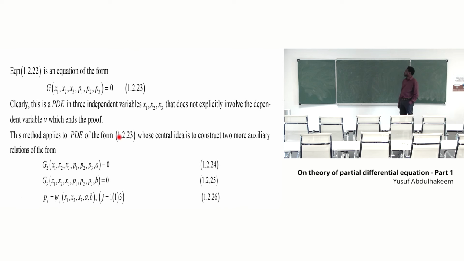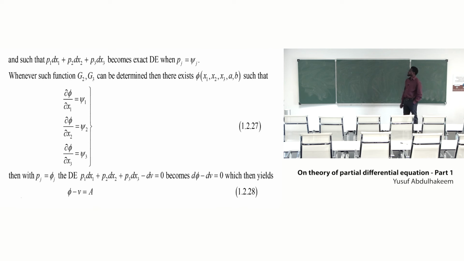We apply this Jacobi's method, whose central idea is to construct two more auxiliary relations of this form, G2 and G3, where Pj is this, such that we have this relation.